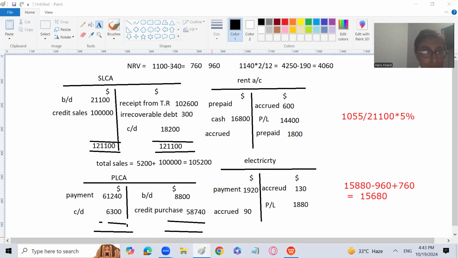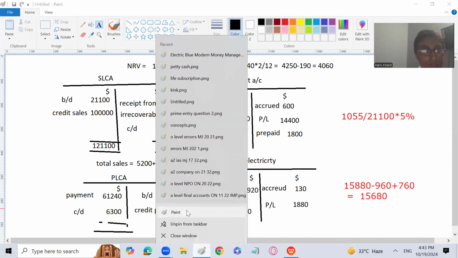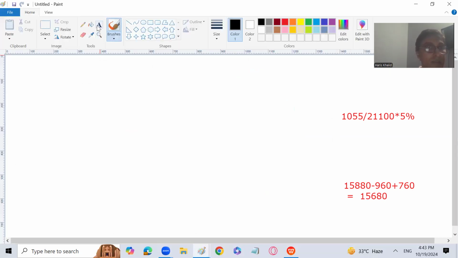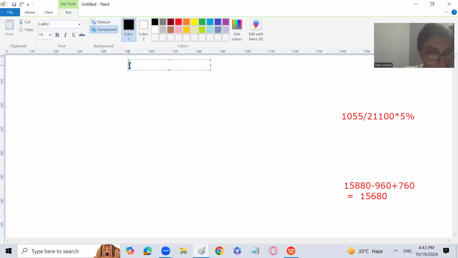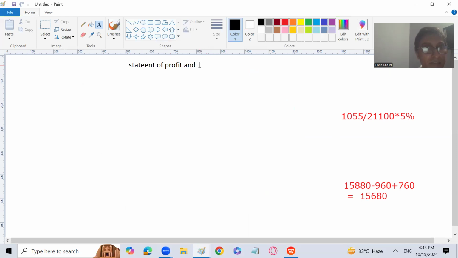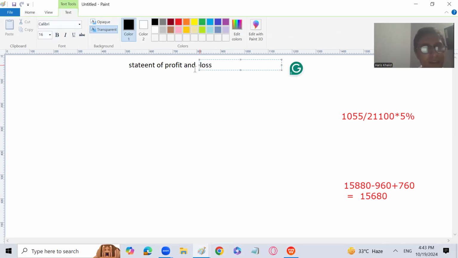Okay. Now let's prepare the income statement. Let's go for the preparation of the statement of profit and loss, which is part of the syllabus. I will prepare it in a separate screenshot. The spelling of statement has gone a little wrong, no matter. Yes, I'm an accounting teacher, not an English teacher, and I don't believe that my English is that good.